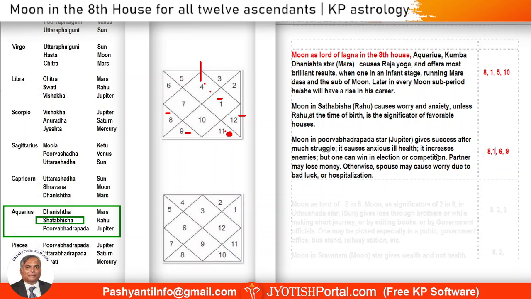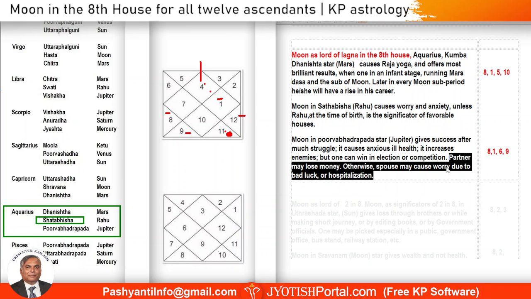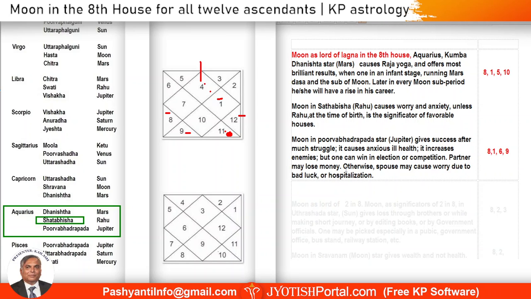Now, apart from that, if you read these lines, then Sri KSK says that the partner may lose money, otherwise, spouse or partner may cause worry due to bad luck or hospitalization. So, in that case, what we will have to do is look at what kind of signification, what kind of house grouping we will have from the partner's or the spouse's perspective.